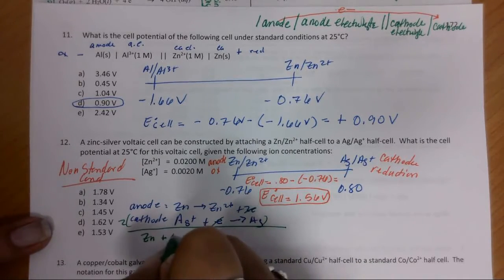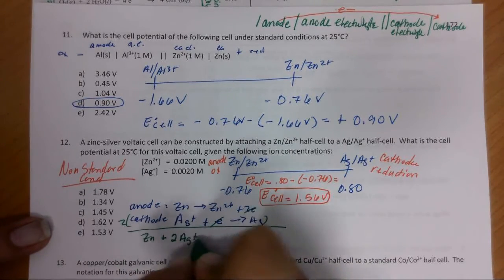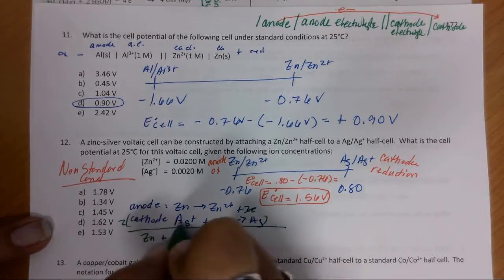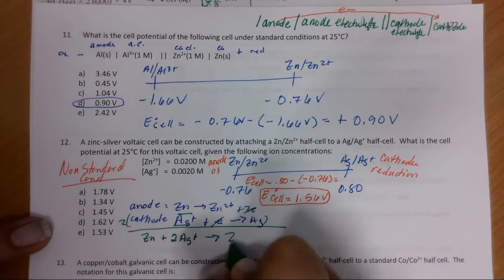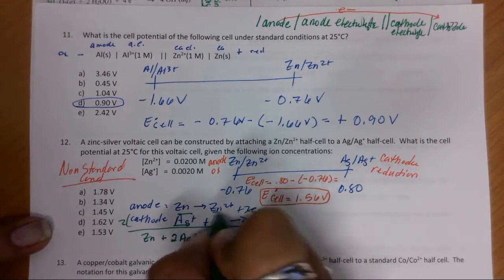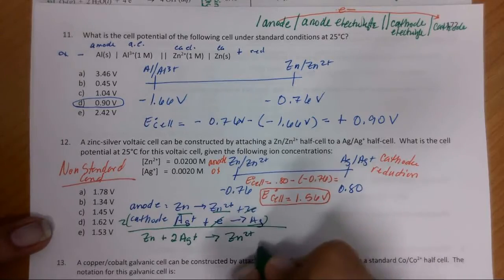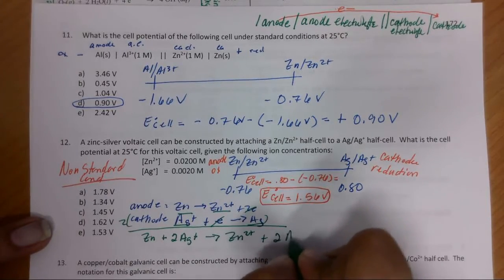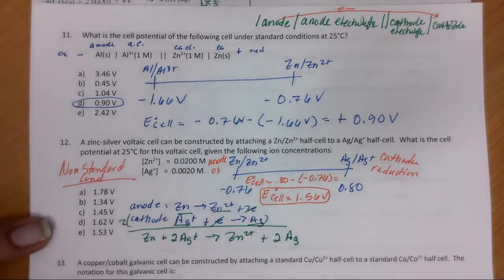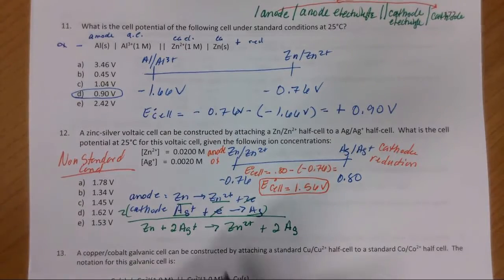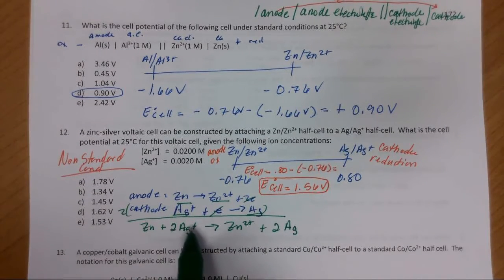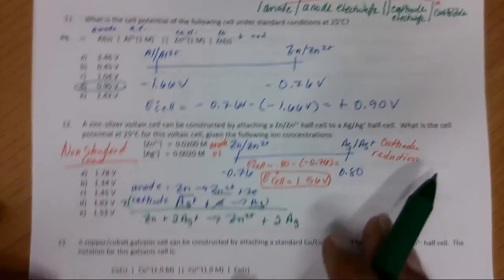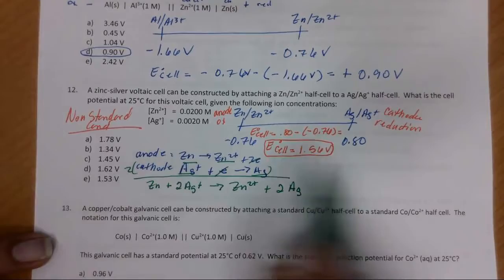So I've got zinc plus 2 silver plus, to form zinc 2 plus and 2 solid silvers. Then we want to check our charges. I've got a total of 2 plus charges here, 2 plus charges here, and then we check our atoms. I've got 1 zinc, 2 silvers, 2 silvers. We're good to go, so that's balanced.